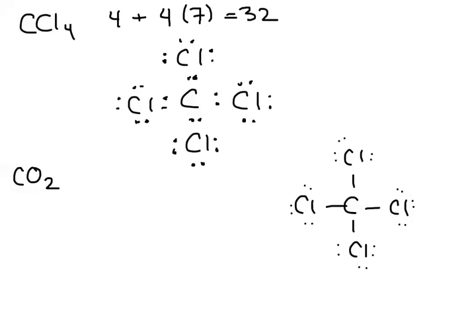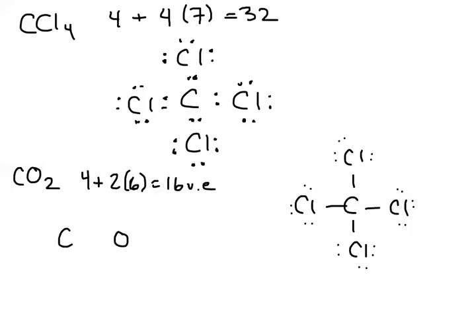How many valence electrons are in CO2? 16, because oxygen is 2 times 6, which equals 12, plus 4 for the carbon, which gives you 16. So let's draw it out.